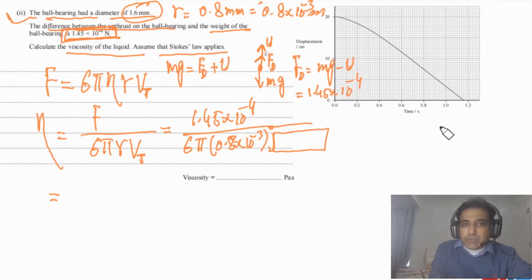Here we have the displacement against time graph, and the gradient of this is equal to velocity. We have already discussed this is a straight line, so the gradient of this line is the velocity.